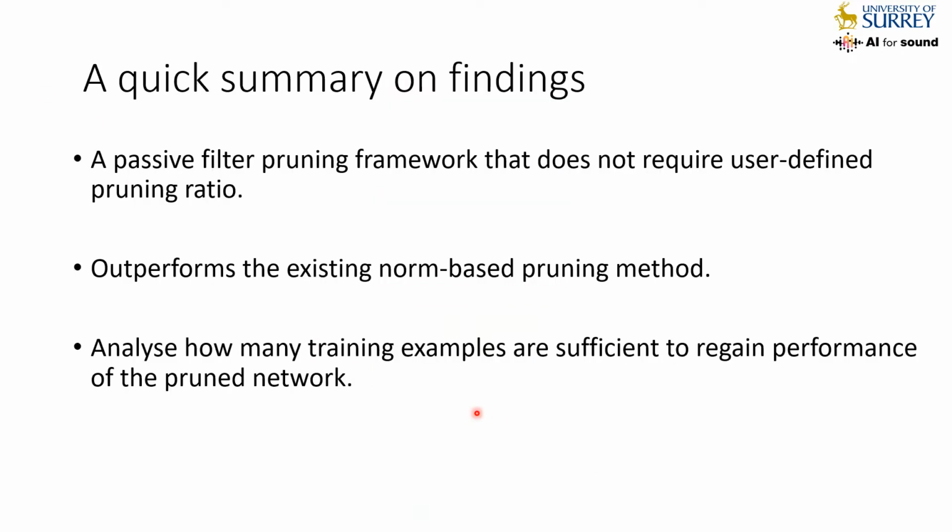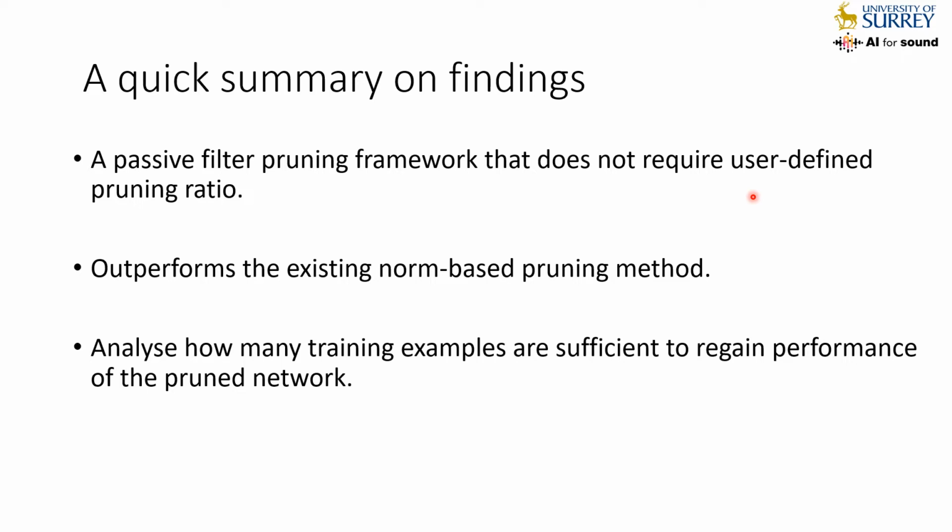What we achieve is a passive filter pruning framework that doesn't require any user-defined pruning ratio. With norm-based pruning methods, you can rank the filters based on importance, however, to get the top few important filters you need a user-defined pruning ratio. On the other hand, our method automatically selects which filters are important and which are not.